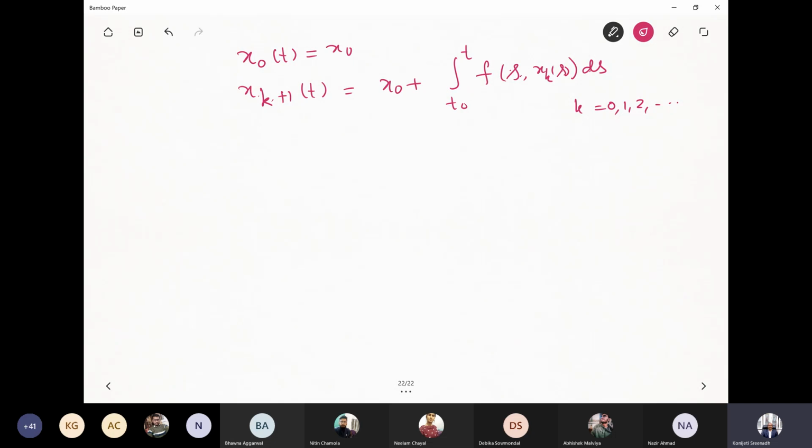And moreover, x_k(t) is well defined, in the sense that they are all functions. That is not difficult to see. If you put x0 inside, you get x1, which is continuous, since f is a continuous function and the integral of a continuous function is continuous.